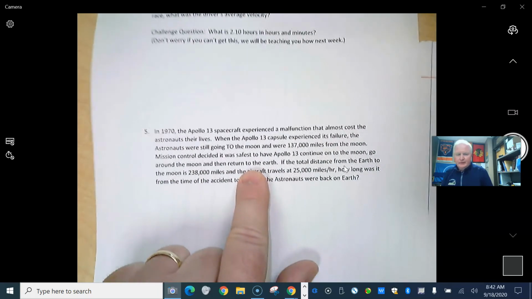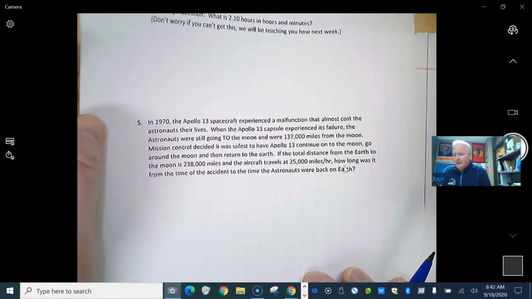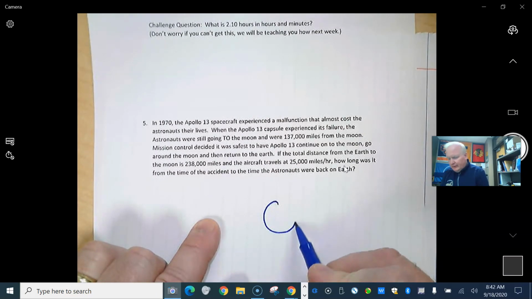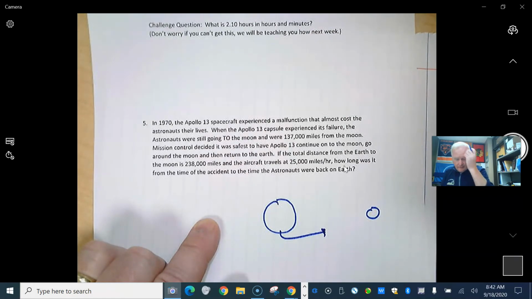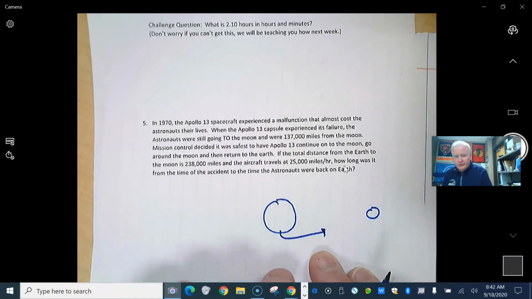And then this last one, I just want to show you the picture. What happened in the Apollo 13 mishap was, here's the Earth and here's the moon. The Apollo 13 astronauts left the Earth and were on their way to the moon. It takes a significant amount of time because it's 238,000 miles.